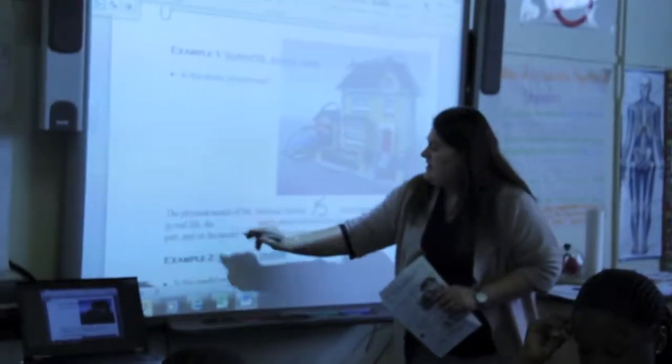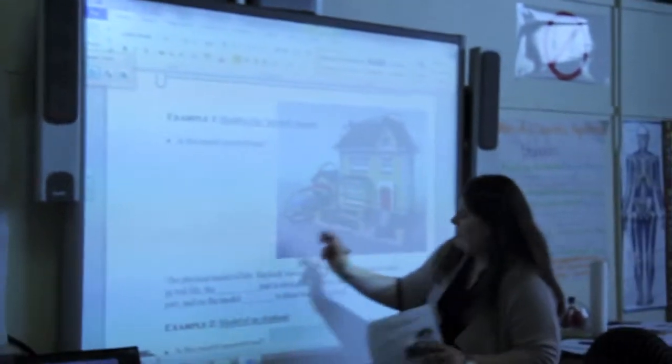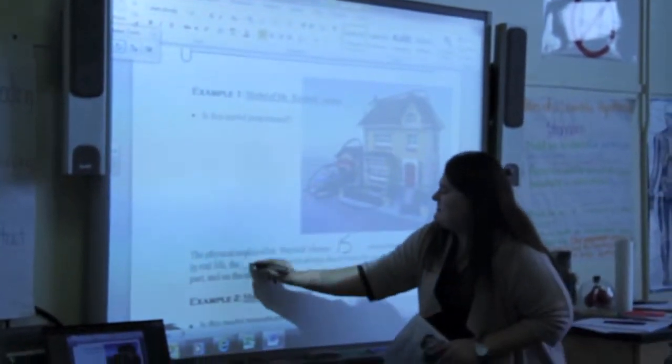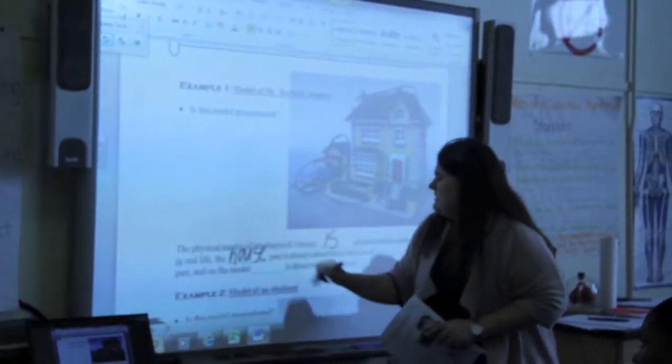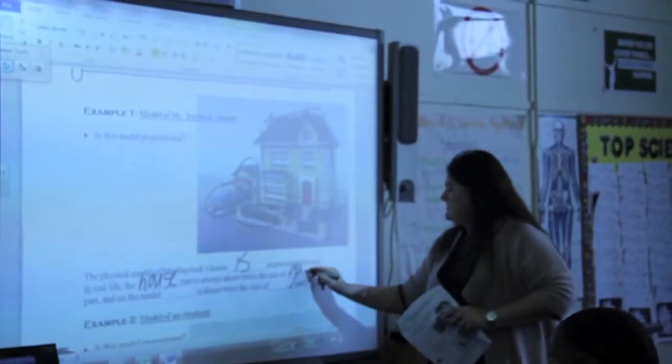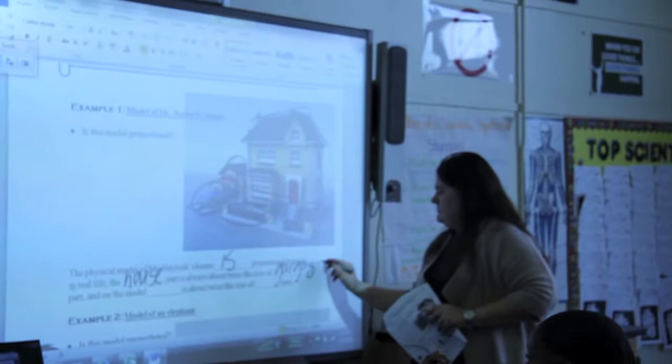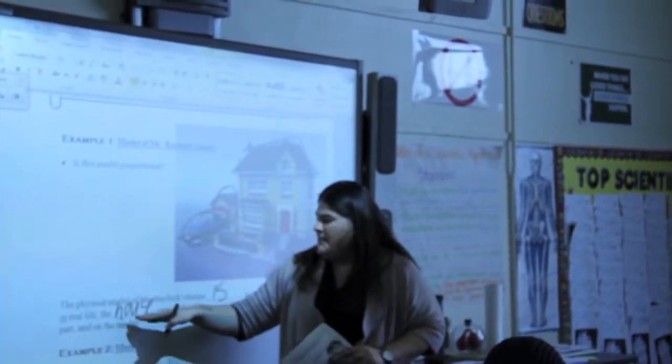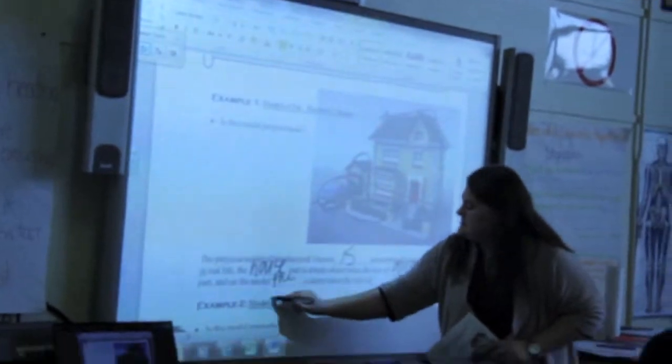In real life, the house part is always about twice the size of the garage part. And on the model, the house is about twice the size of the garage.